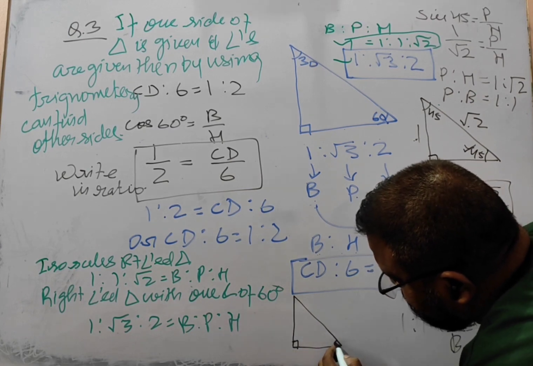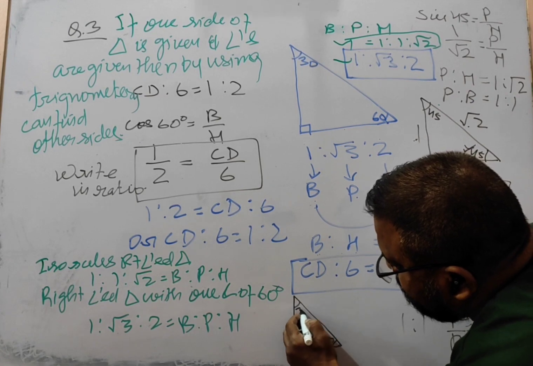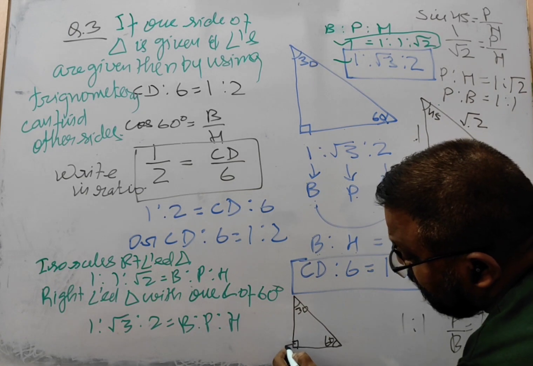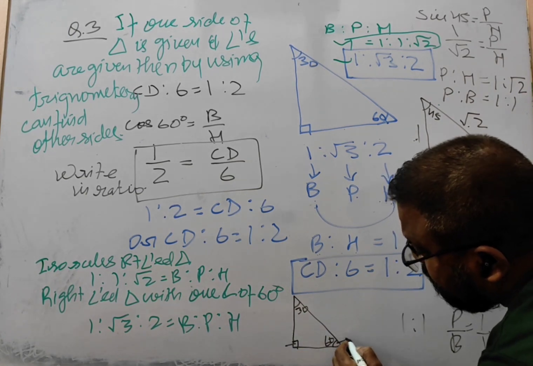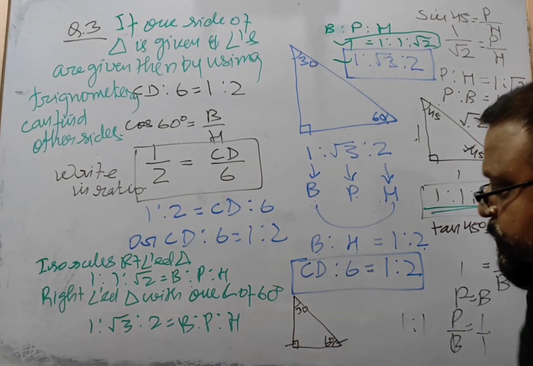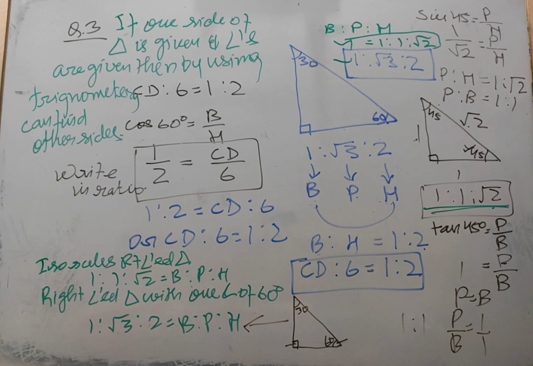This angle of 60 degree is given to us, so obviously this will be 30 degree, because it is a right angle triangle. And in this triangle, the ratio is this, right? Not to be worried. Just keep this thing in mind. Got it.